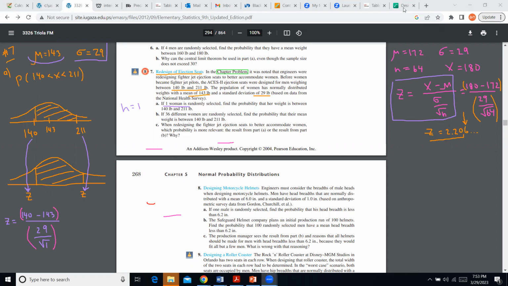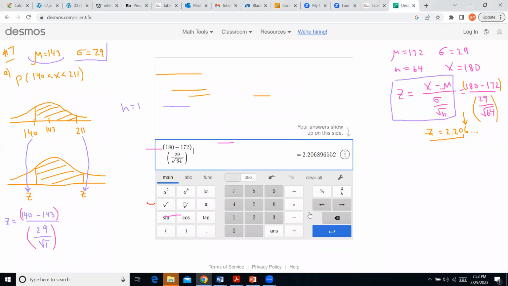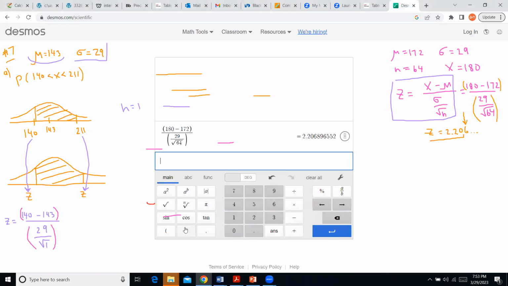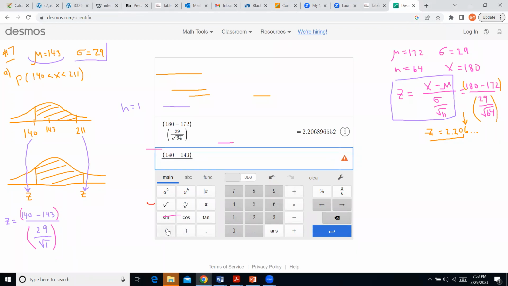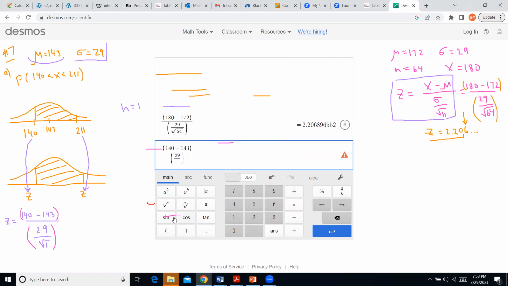So let's calculate this. I'm going to get 140 minus 143 in the parentheses, right? And then we divide this by another parentheses with 29 over the square root of 1.